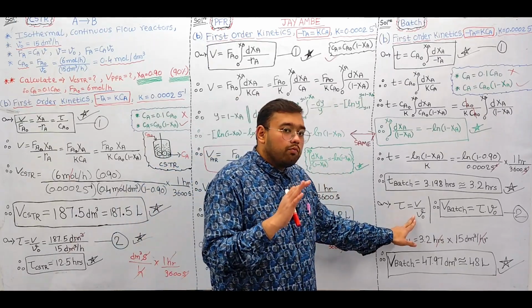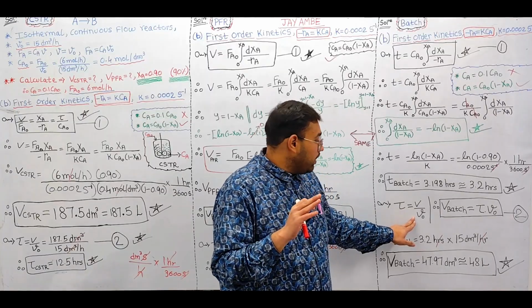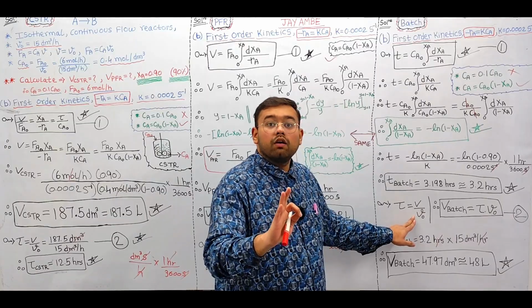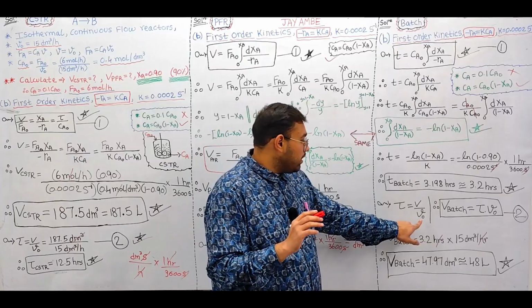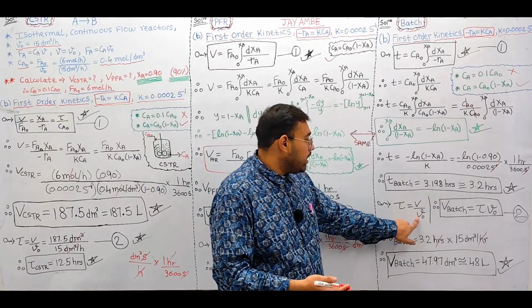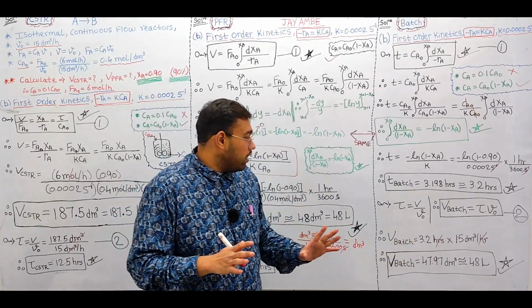Now here, the term volumetric flow rate. This is exactly where the students make mistakes, right? The volumetric flow rate is where the students easily make mistakes. So volumetric flow rate, which means what?